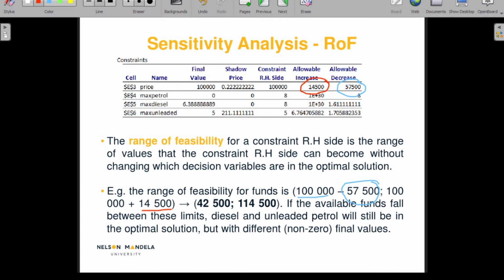So if the available funds fall between these limits, then diesel and unleaded petrol will still be in the optimal solution and petrol will still be excluded, but the optimal values for X2 and X3 will be different, non-zero final values. So let's try this out in Excel.